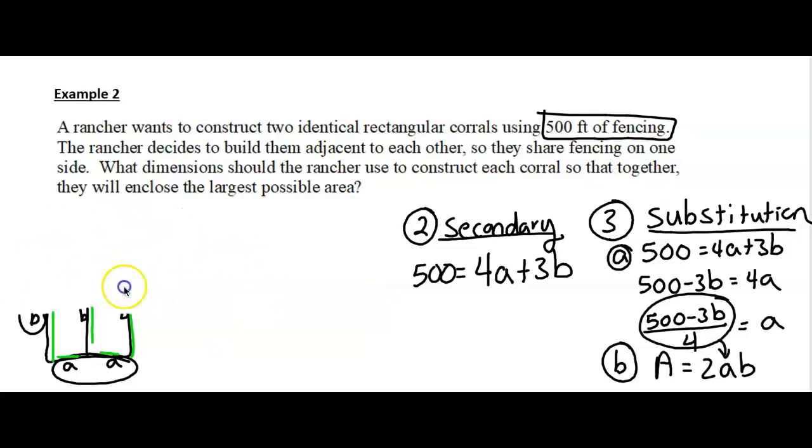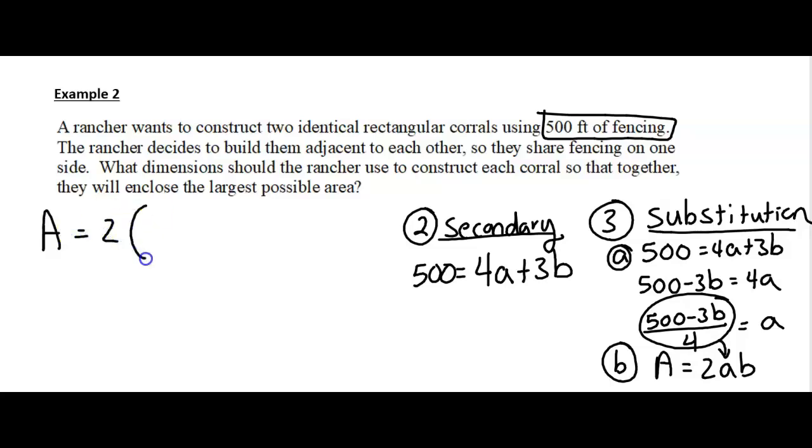So I'm going to continue my work over here. So if I did that, I have big A, which represents area, is equal to 2 times the little a, which we now are replacing with 500 minus 3b all over 4. And then there's the b.